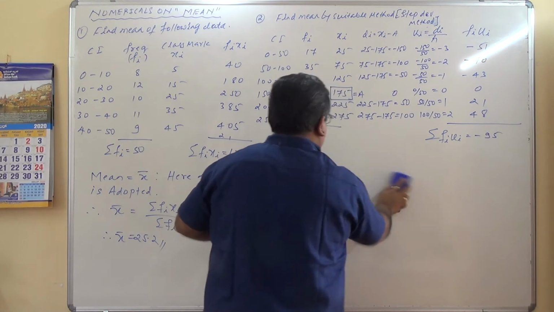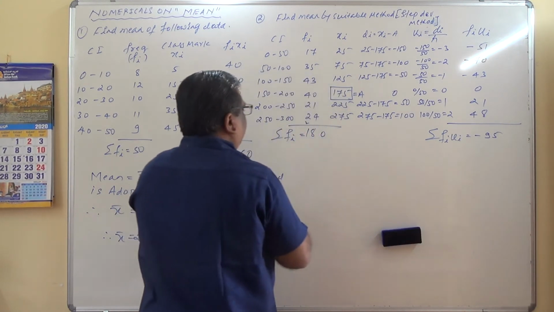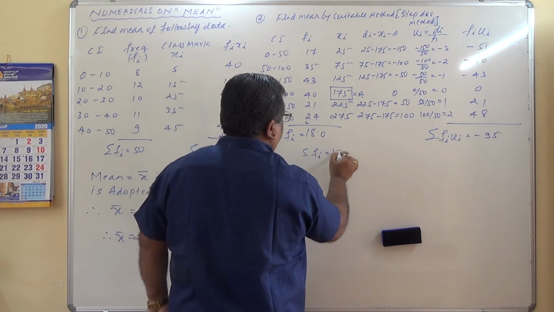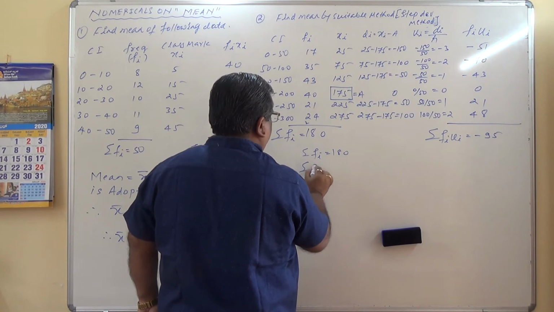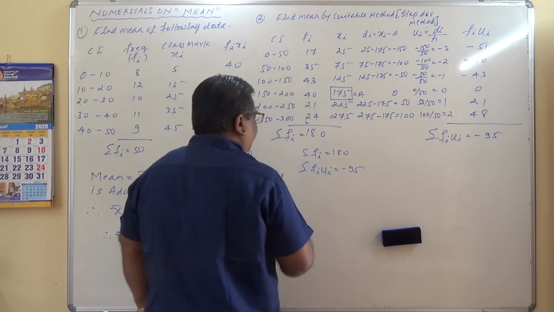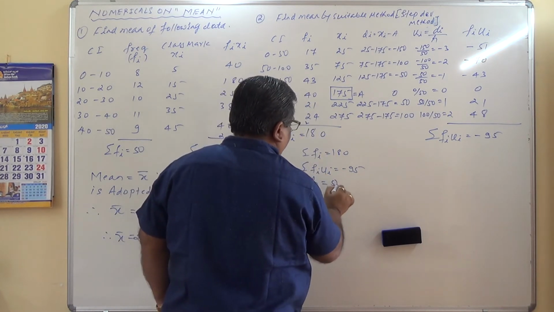One minute. Let us try to write properly. Sigma fi equals 180. Sigma fi ui equals minus 95, and h is equal to the class width, which is 50.